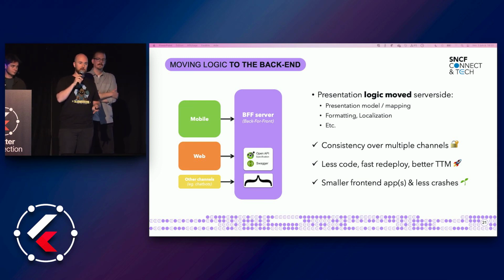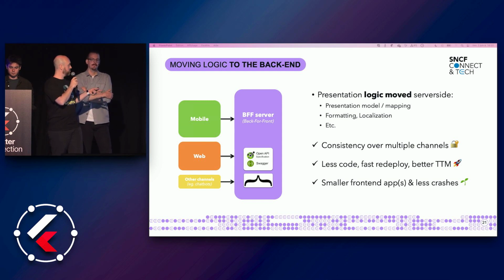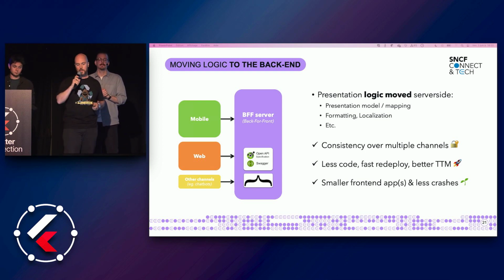You write less code. It's easy to redeploy on the backend, and sometimes you get better time to market. On the front end, what's really interesting is you get a smaller application, it's faster, and potentially you get fewer crashes because of all the logic you moved away.